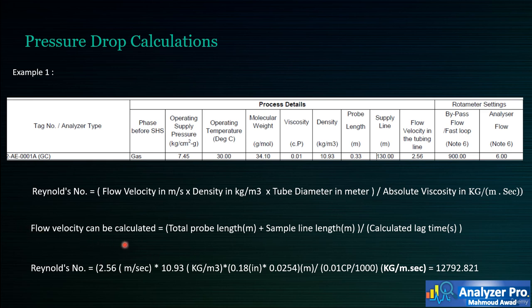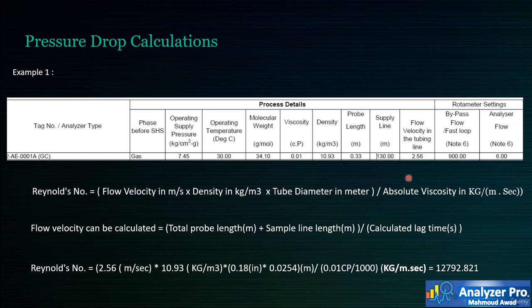The first step is to determine the Reynolds number to determine the type of flow and the appropriate equation to use. As we discussed in the previous lecture, the Reynolds number is calculated by multiplying the flow velocity in meters per second by the density in kilogram per meter cube and the tube diameter in meters, all divided by the absolute viscosity in kilogram per meter second.